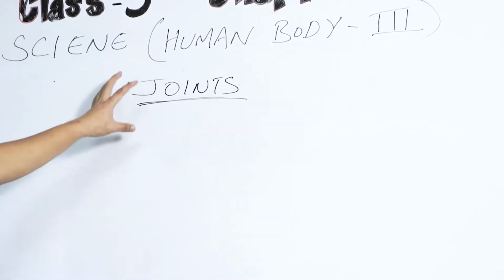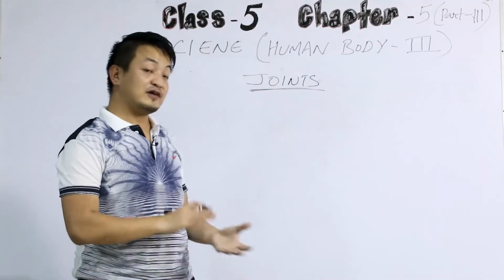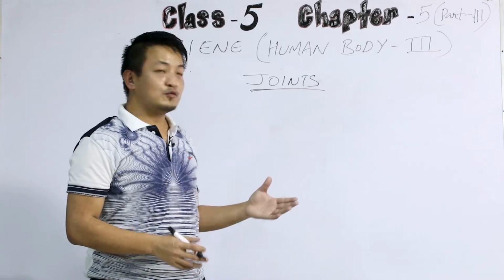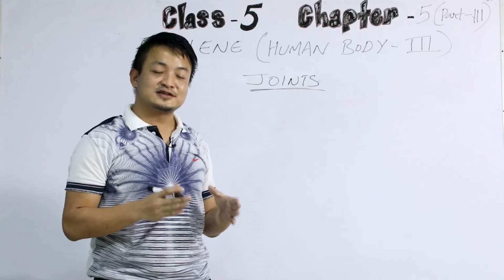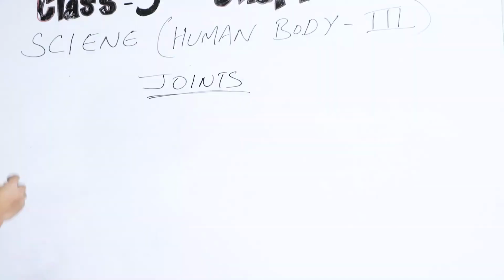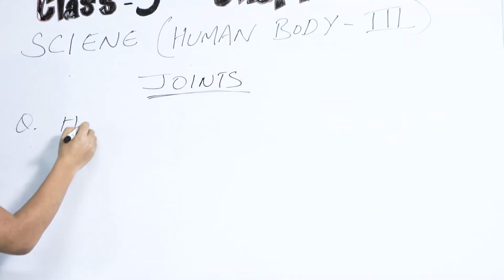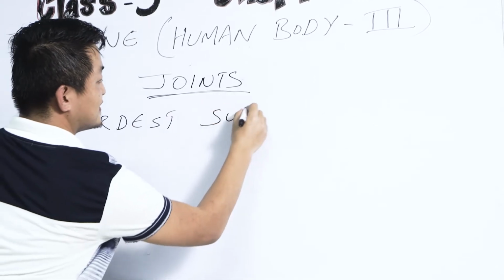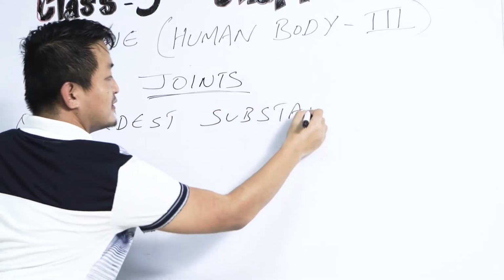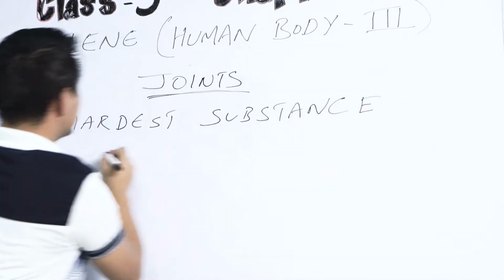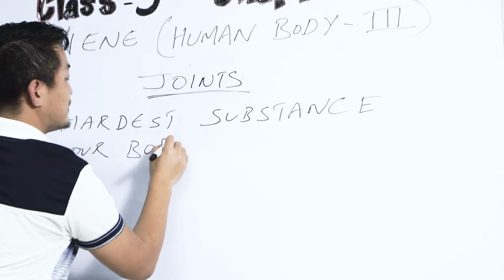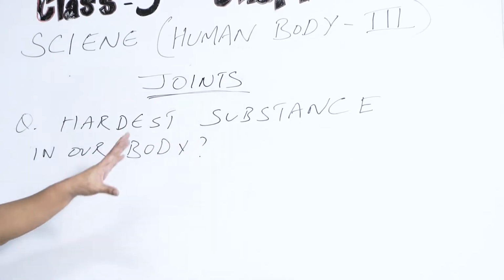Before we start with joints, since we have covered bones in our previous class, one question: do you know the hardest substance in our body? You might be thinking that the hardest substance in our body is the bones, right?